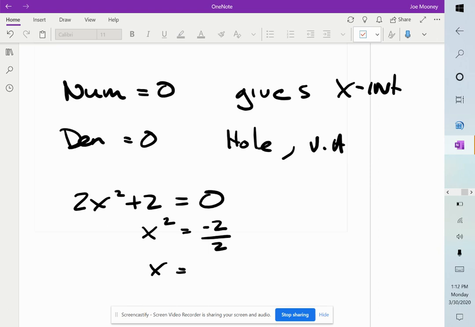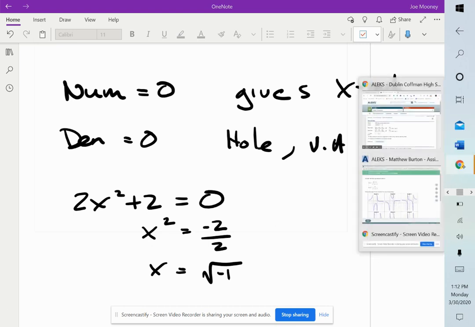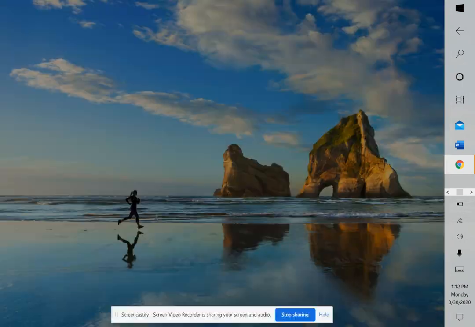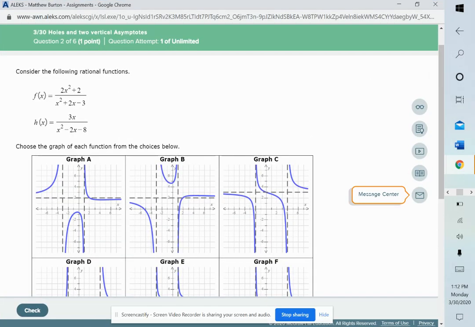So x is going to be the square root of -1, so there will not be an x-intercept, because you can't take the square root of -1.